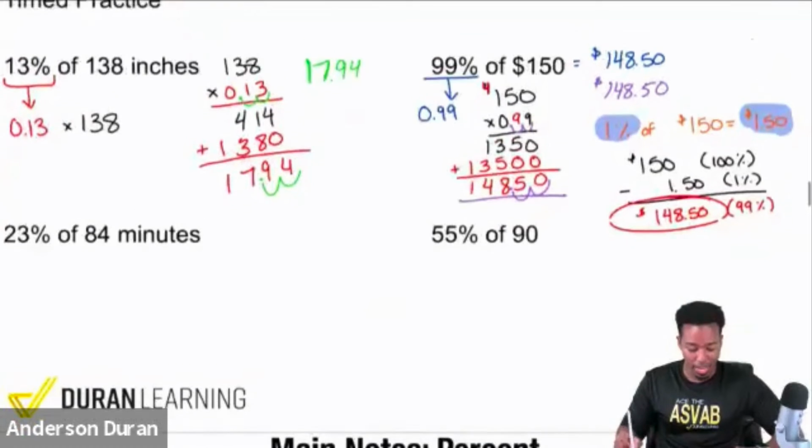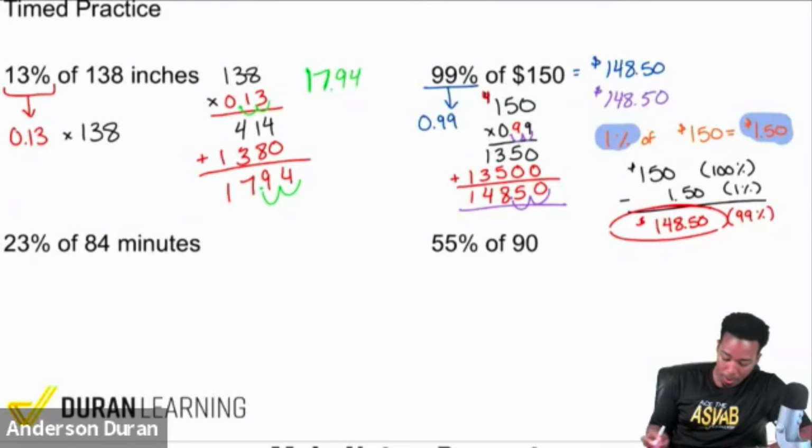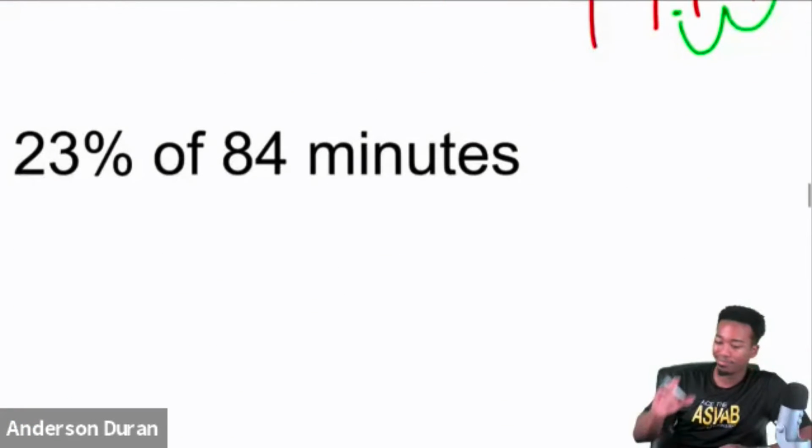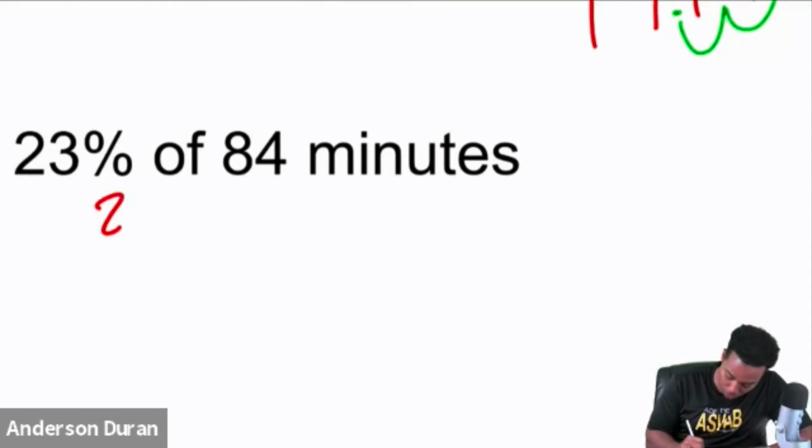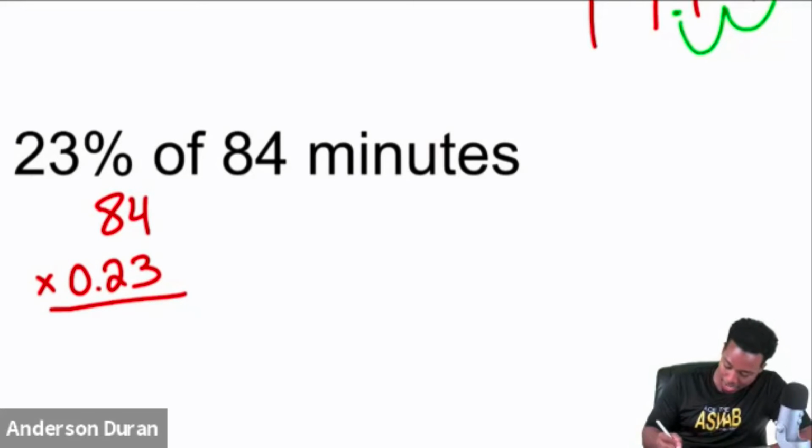So let me go ahead and give you the answers to these two, and we're moving right along. So 23% of 84, nothing to do here. We're just going to go straight into it. So 84 multiplied by 0.23. 4 times 3, 12. 8 times 3, 24, plus the 1, 25.